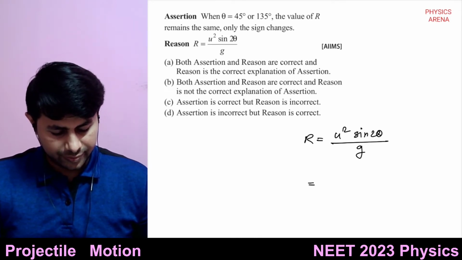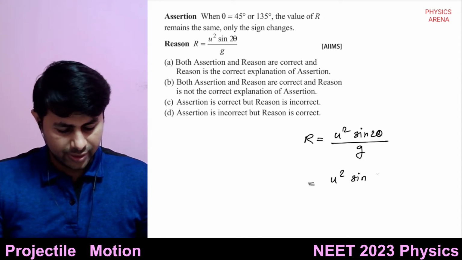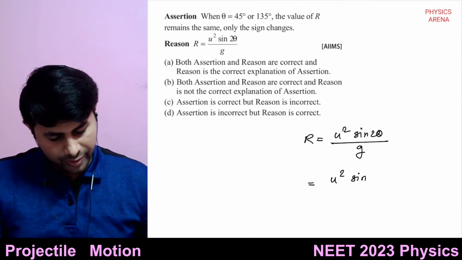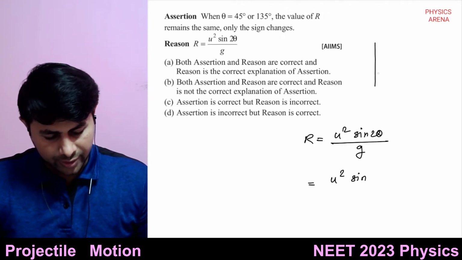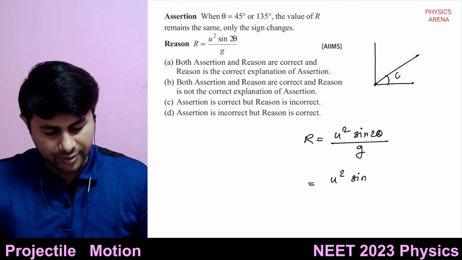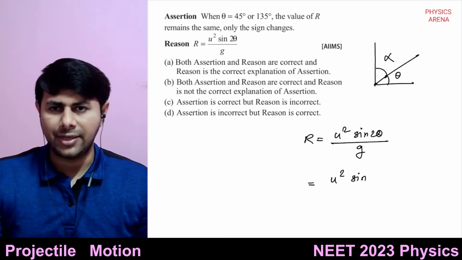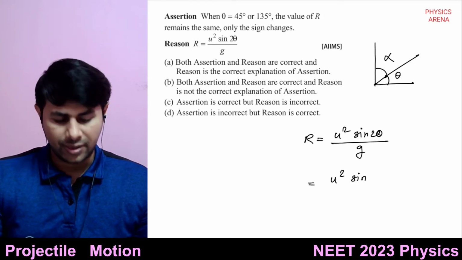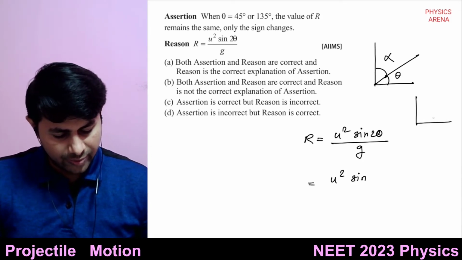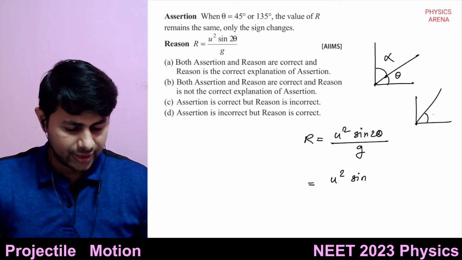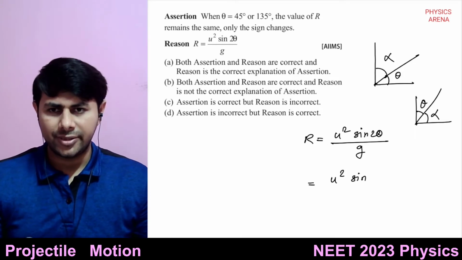So it is u square sine of, now see, this is an angle theta, and suppose this is an angle alpha. Alpha is 90 minus theta. So a projectile thrown at theta and a projectile thrown at alpha will have the same range.